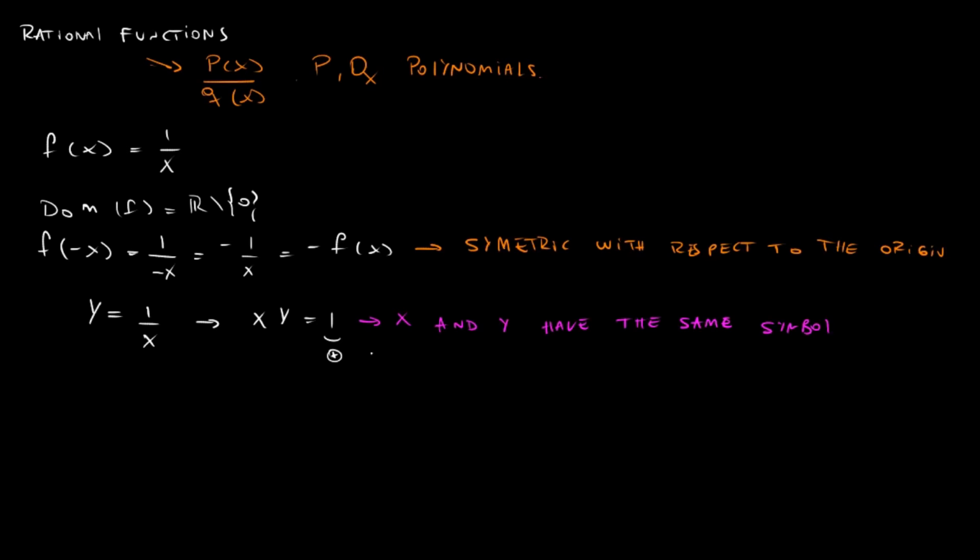So when we plot the function, we know we'll have to draw in this plane, because here both x and y are positive, and in this other plane, because here both x and y are negative.